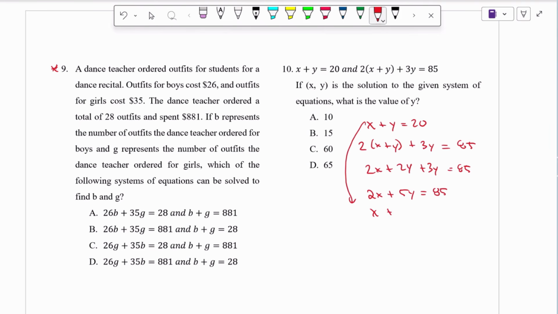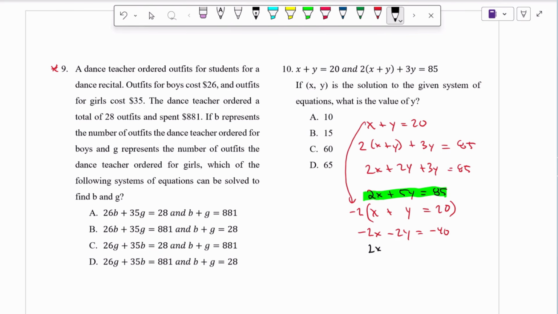So there's a few things you can do here to solve this problem. You have substitution method, you can use elimination. I'm going to use elimination, and I'm going to eliminate the x variable by multiplying everything by -2. I get -2x minus 2y equals -40. I'm going to come back here and take the equation I didn't manipulate and write it down below.